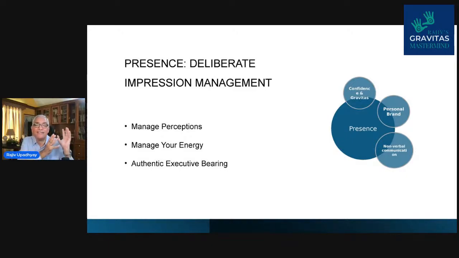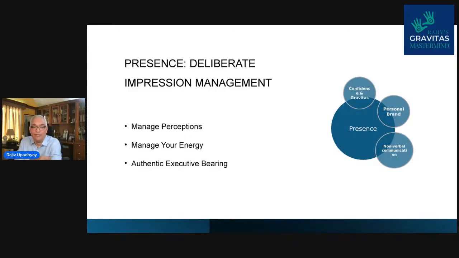It is their perception, this is their framework, it's there. But given that they are in the decision making position, the only thing that you have in your hand is to be able to manage how you are being perceived by the interviewer or by the other person, right? So very important for you to manage perceptions.